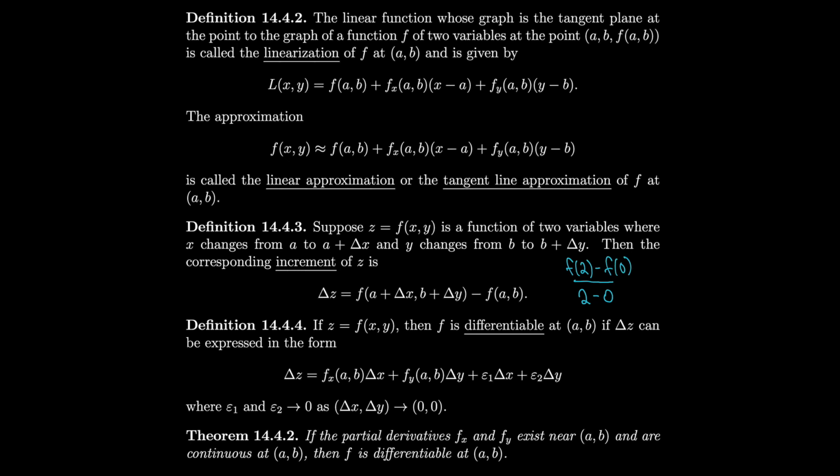So that's basically what we're saying over here. We change from a to a plus delta x, so that's our 0 and our 2 basically, but it's multivariable, so we also change from b to b plus delta y. So that goes in our numerator also. This was just if we wanted delta y divided by delta x.